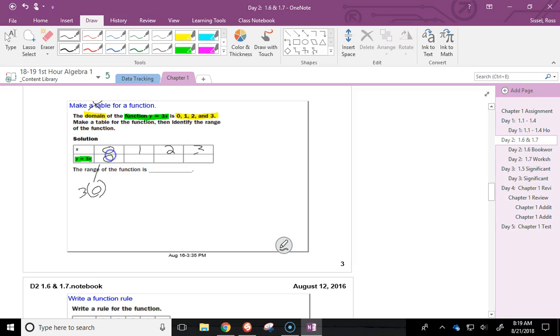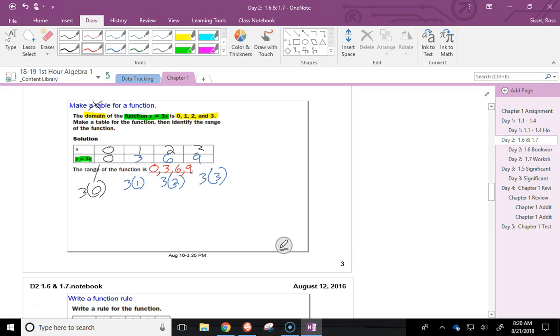So my first y coordinate is 0. I put in 1 here. So now I have 3 times 1, which is 3. And then I have to put 2 in. So 3 times 2 is 6, and I put 3 in. 3 times 3 is 9. The range is 0, 3, 6, and 9.